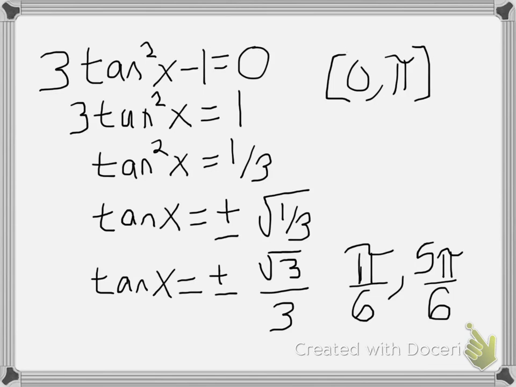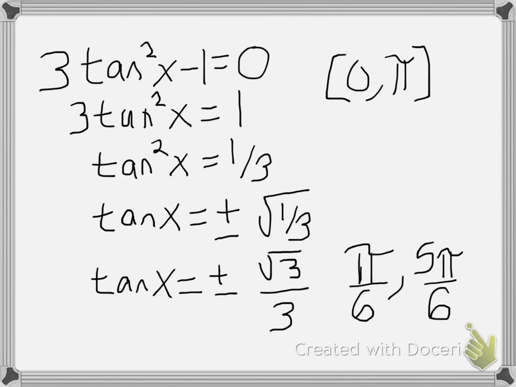And that's it, okay? Remember, in general we just want one period's worth. Sine and cosine have a period of 2 pi, so you have to go all the way around the circle. Tangent and cotangent only have a period of what? Pi. So you would not have to go all the way around the circle.